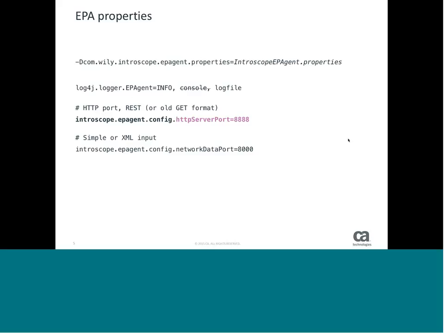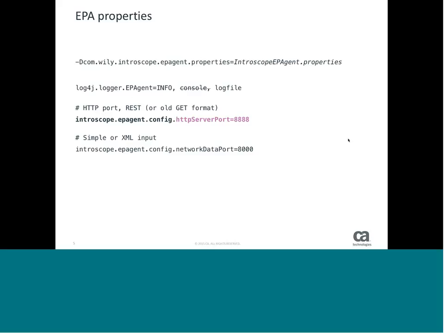The one is the old network data port, which expects the same input format as from standard out. And the other one is the HTTP server port, and that's the one, if you want to use the RESTful API, you want to use that port.